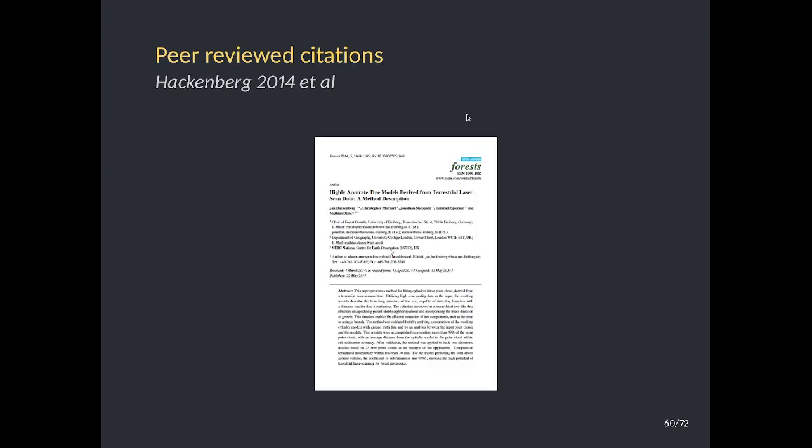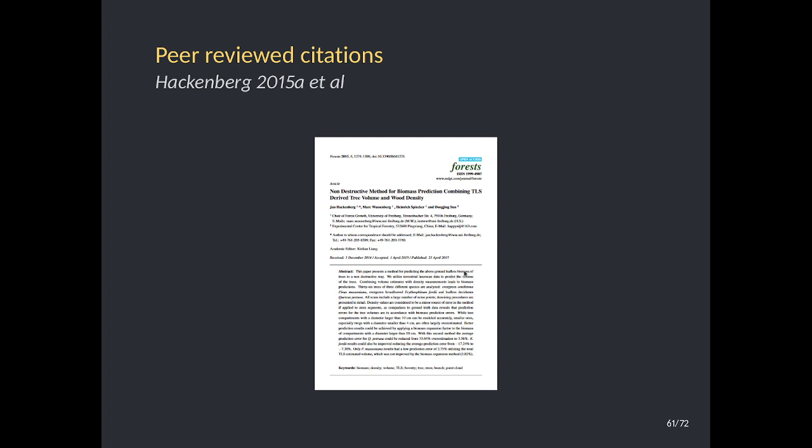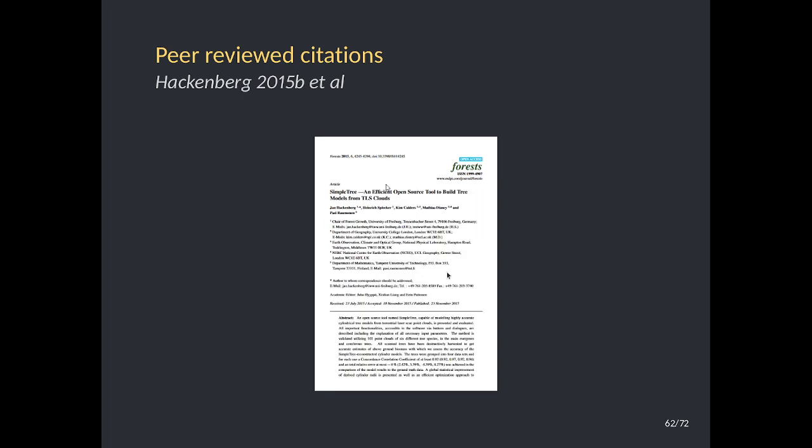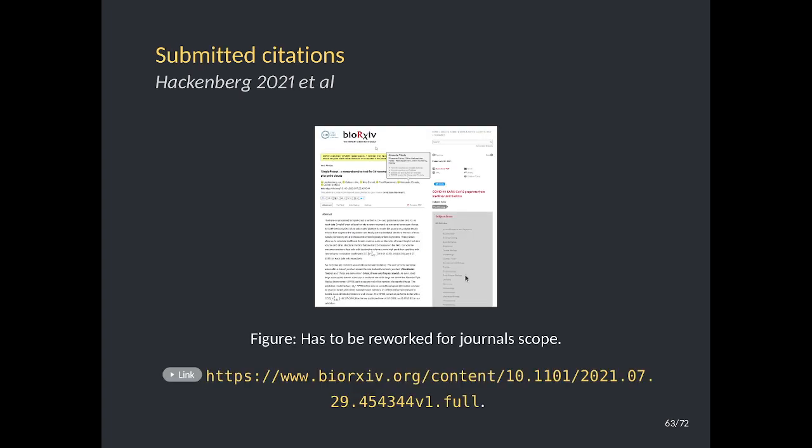So let's have a look. What do we have in peer-reviewed citations? During my PhD, I made these three peer-reviewed publications, and I have a preprint of 2021. Unfortunately, I submitted to PLOS Computational Biology, but the academic editor questioned whether it fits the journal scope.